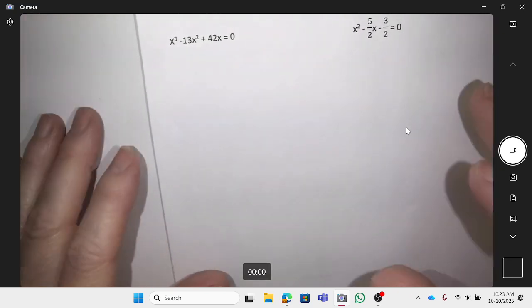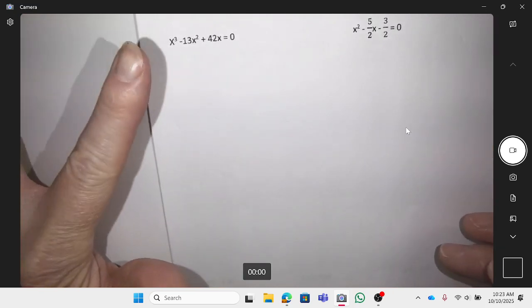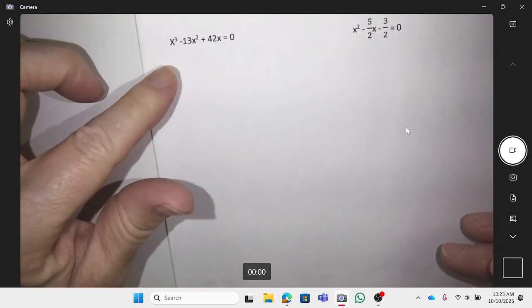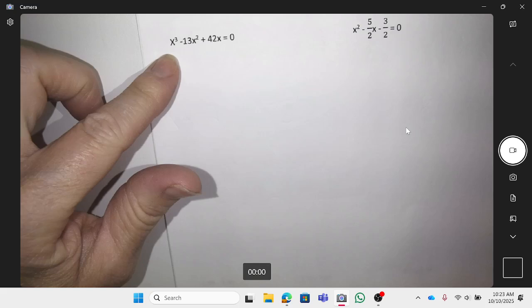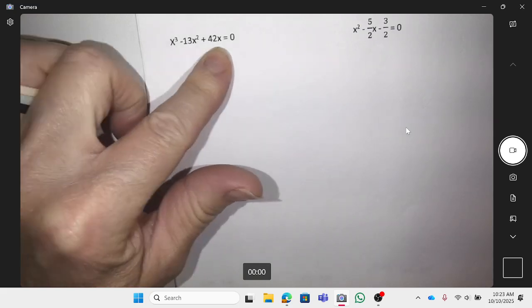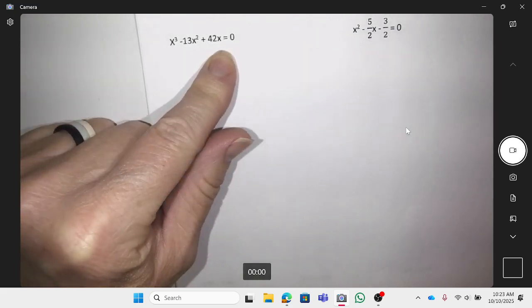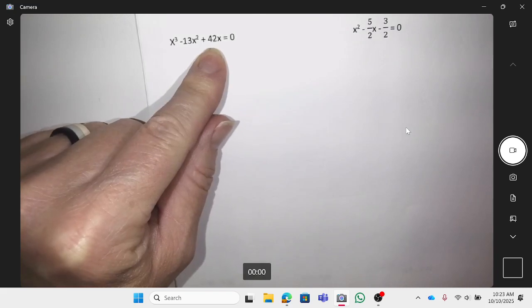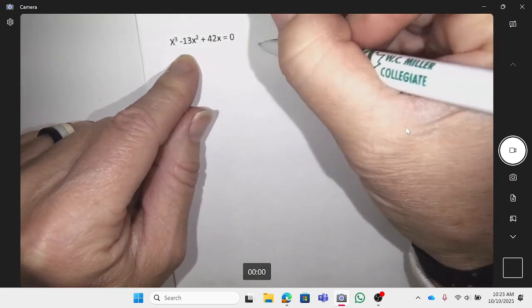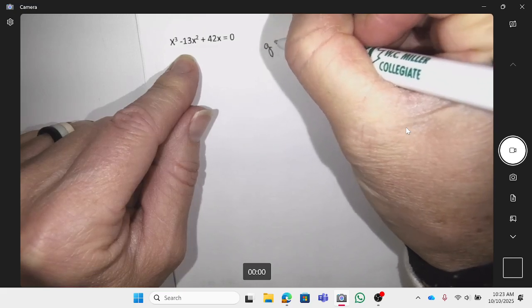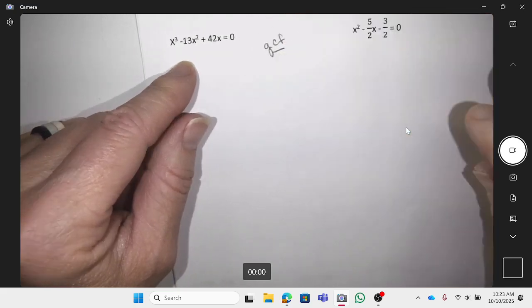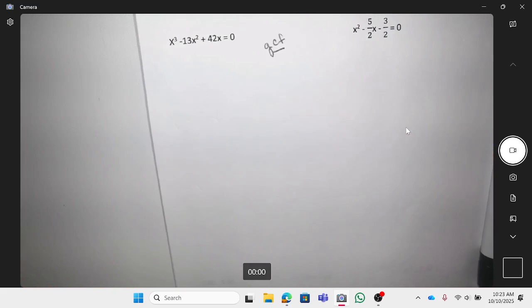We had one exactly like this yesterday, so this one should be okay because it was on your homework as well. What's your first move, though? Do you remember your first move on this one? GCF. By the way, GCF is always your first glance.